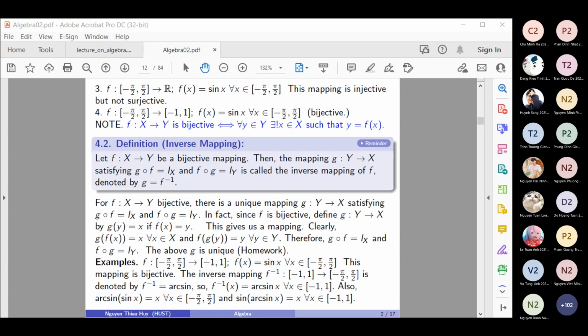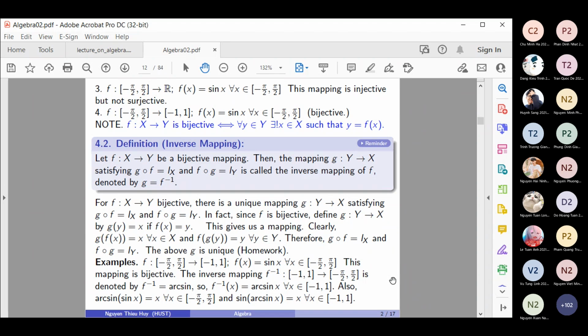Okay, I have this slide from last week, and I want to summarize. You have this notion of inverse. So you see that we can define the inverse mapping if and only if the original mapping is bijective.